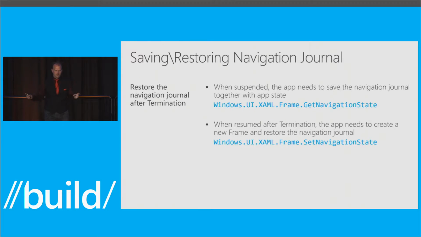So you call get navigation state, you get this string, you store it away, and when you resume after termination, so after your app has been suspended and terminated due to memory pressure, you read up this string that you have saved to your local storage, and you call set navigation state.